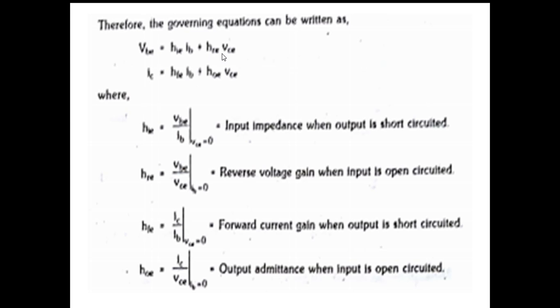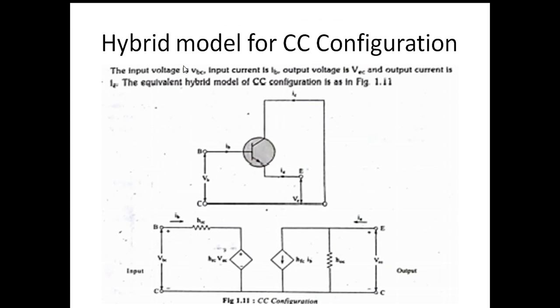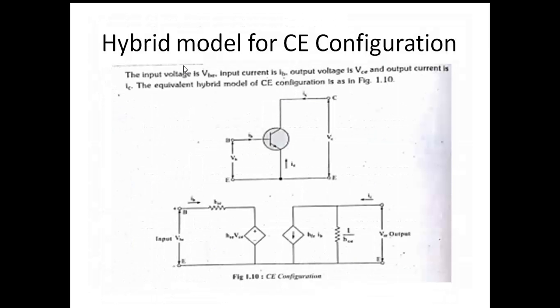Therefore, the parallel combination of two currents is equal to this IC. Now, from this concept, we can derive the remaining circuit of a common emitter configuration hybrid model.